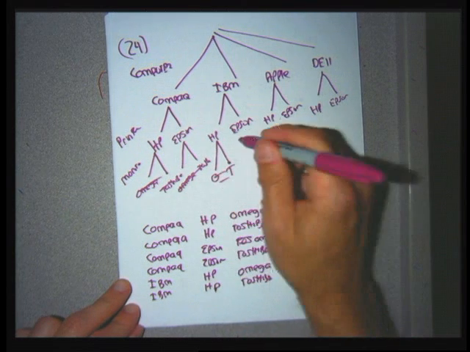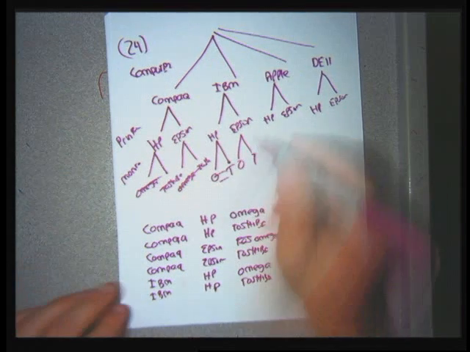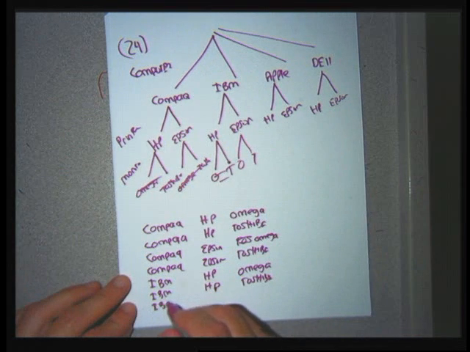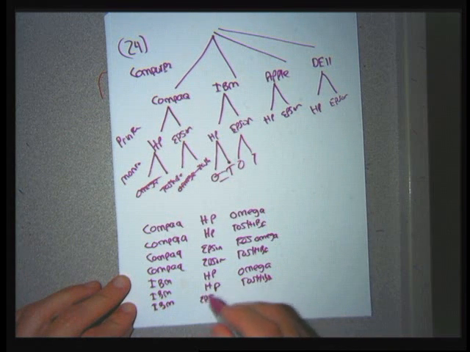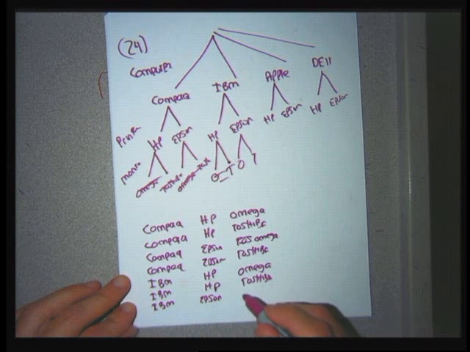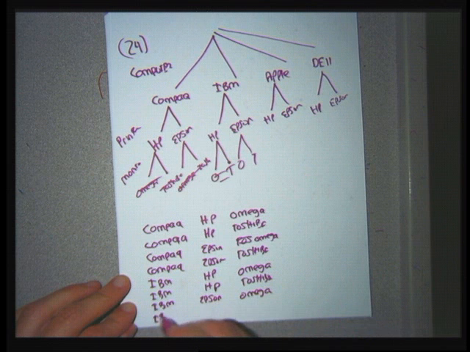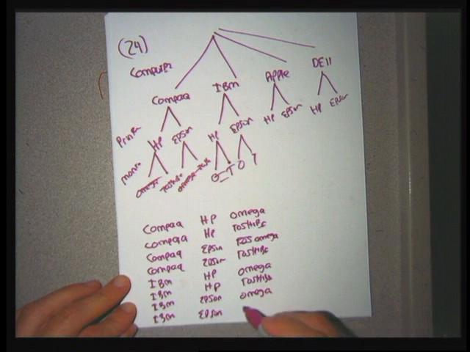That takes care of that. Now I'll do these. This is going to be getting an IBM computer, an Epson printer, and an Omega monitor, and then I'll do an IBM computer, an Epson printer, and a Toshiba monitor.